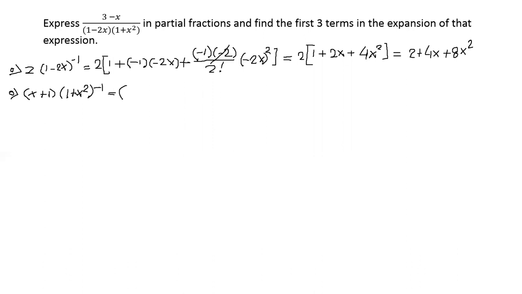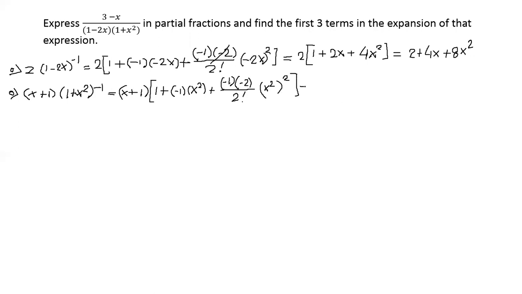So it becomes (x plus 1) times (1 plus n equal -1, it means -1 times x squared, plus fraction -1 times -2 over 2 factorial, times x squared to the power 2).